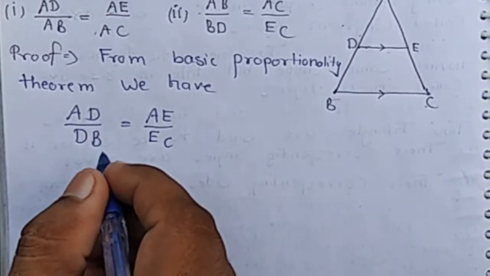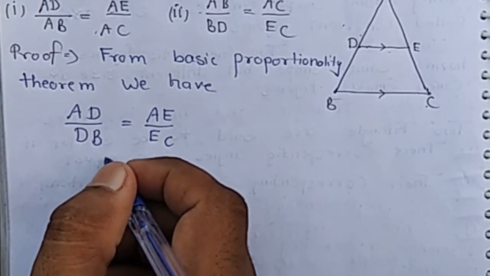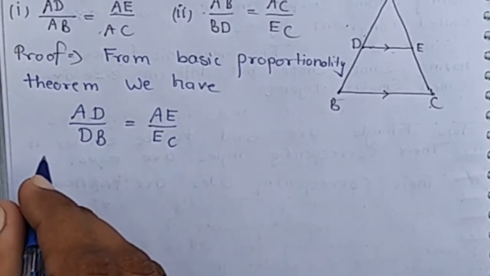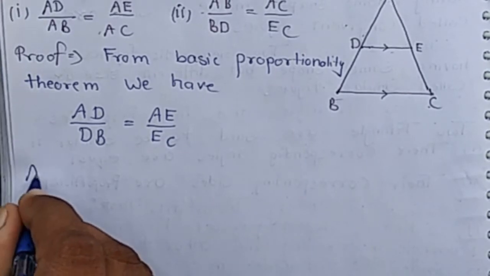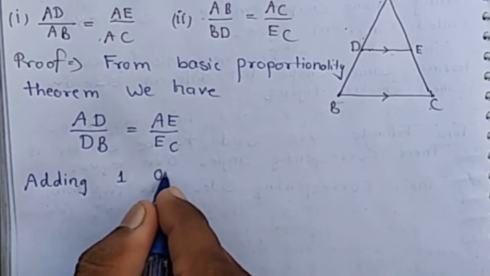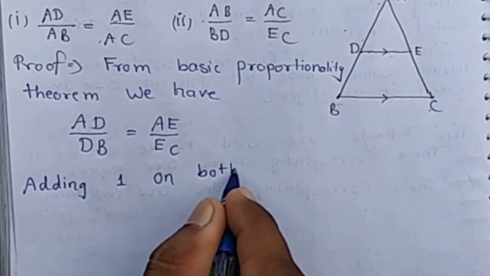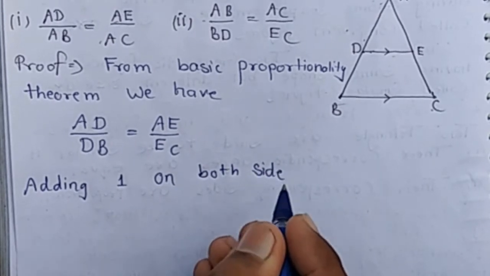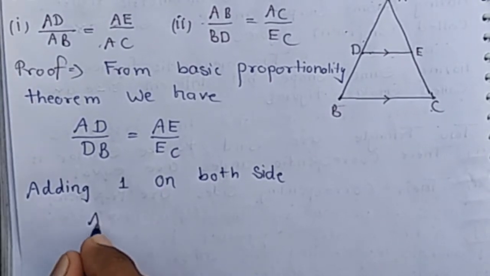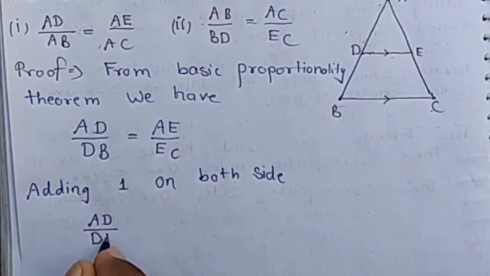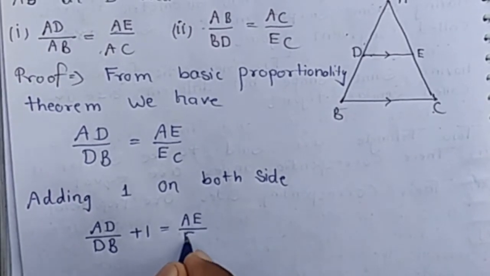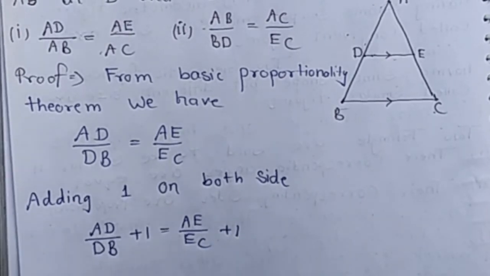Firstly, we add 1 to both sides. Then AD by DB plus 1 equals AE by EC plus 1.